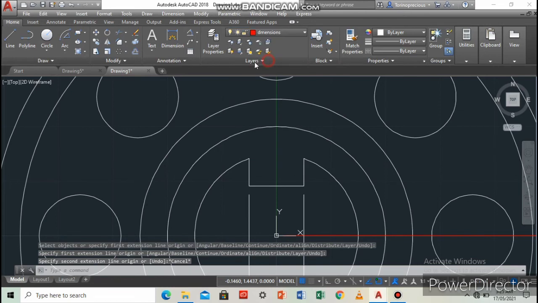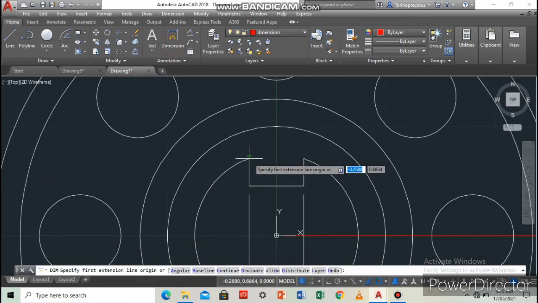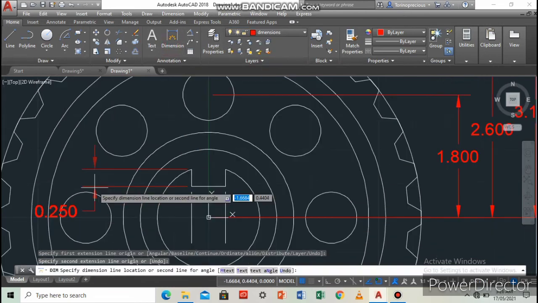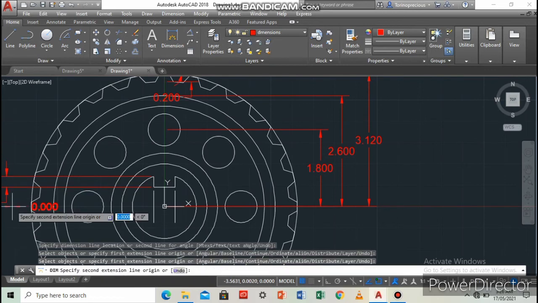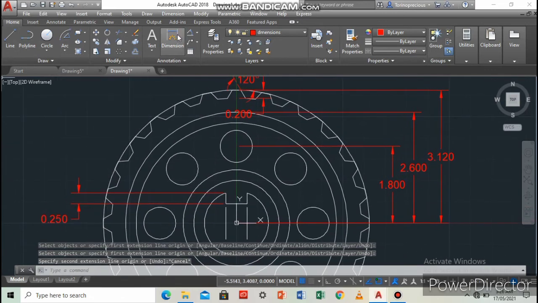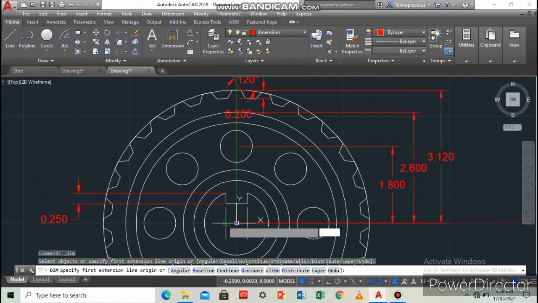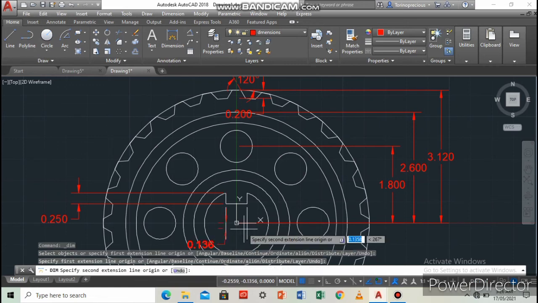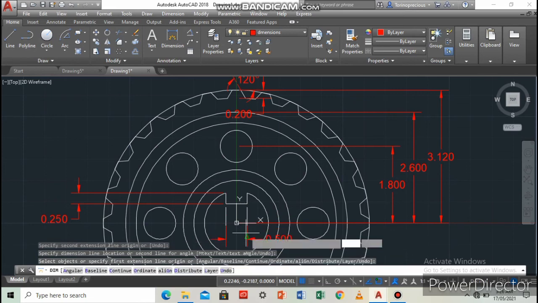So going back with dimensioning, this line must have a measurement of 0.25, and their distance from each other must be 0.5.